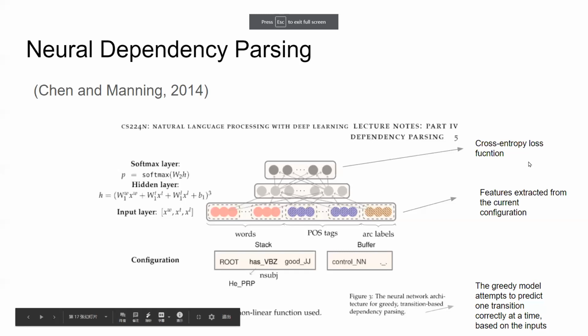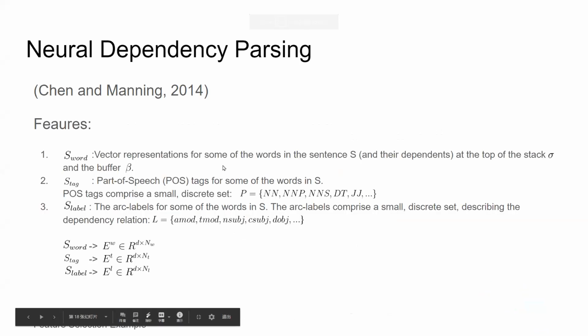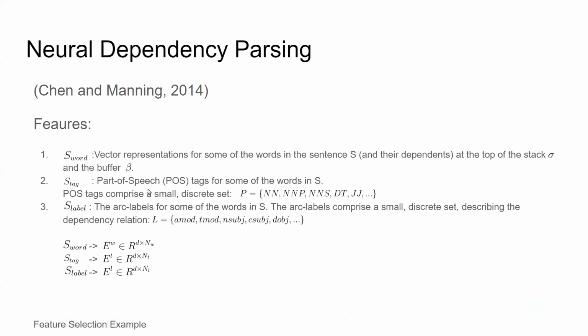Okay, let's go to the next slide. So this is the features. This parser employs the arc standard system for transition, but the input has more information than the simple transition-based parser we talked about. In the simple model we talked about, the stack and buffer had only words in them as features, right?